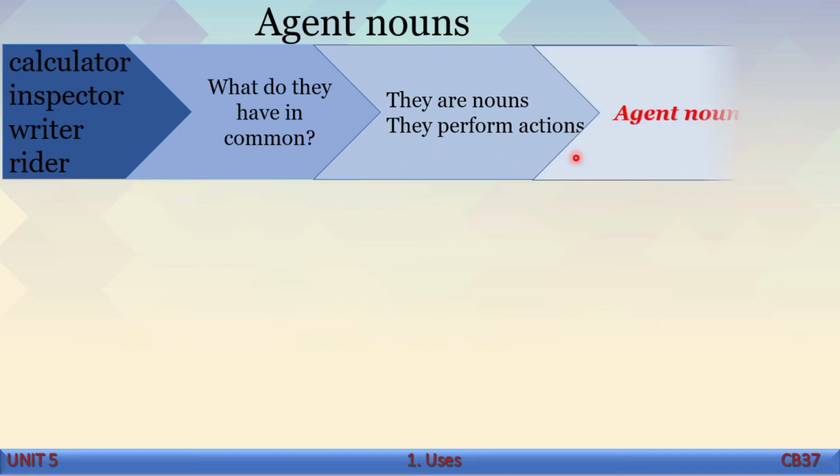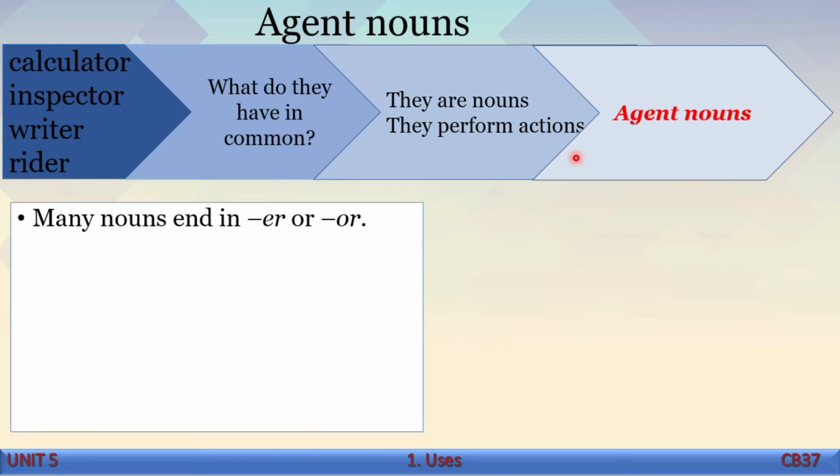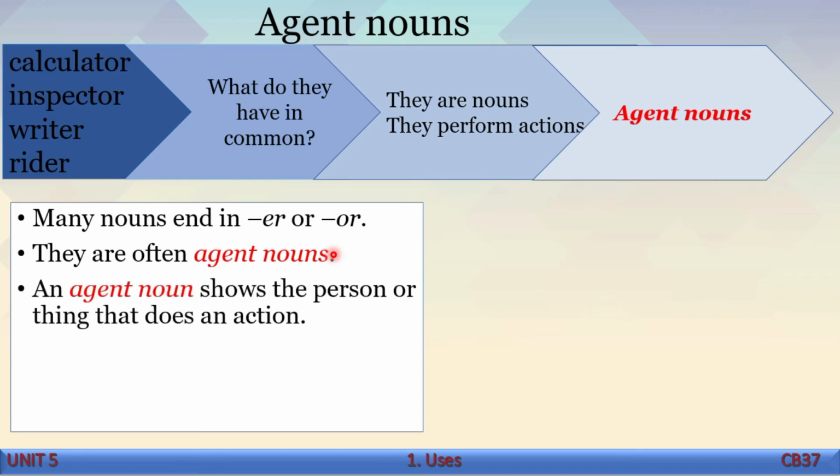So they are agent nouns. Many nouns end in ER or OR, just like we have here. They are often agent nouns. An agent noun shows the person or thing that does an action.